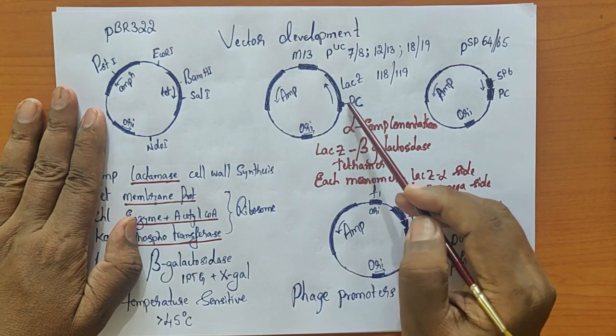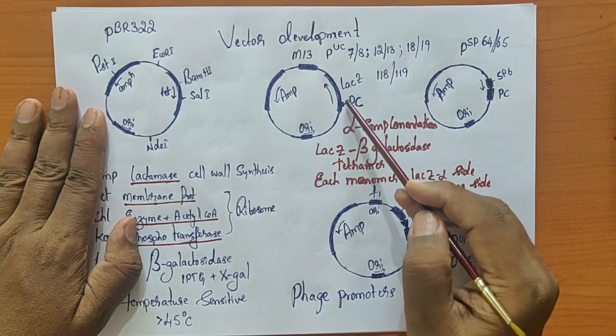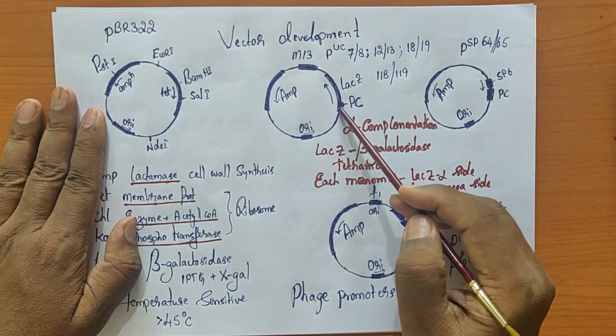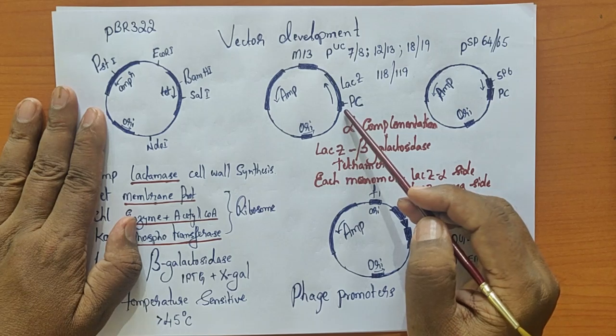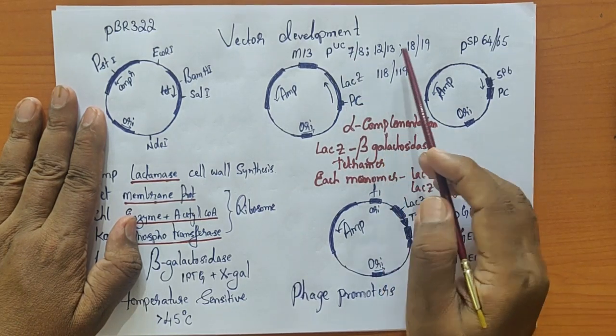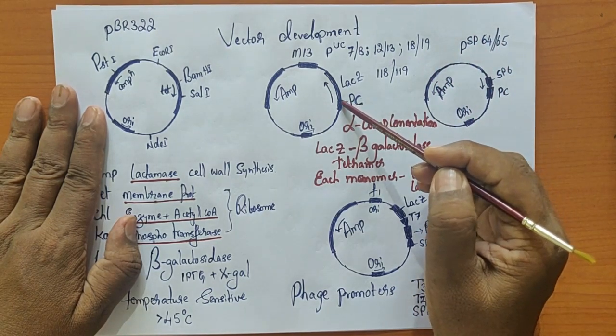I also discussed this during the class hours. A polycloning site is a strategically placed DNA sequence which has the restriction sites for various restriction enzymes. All right.